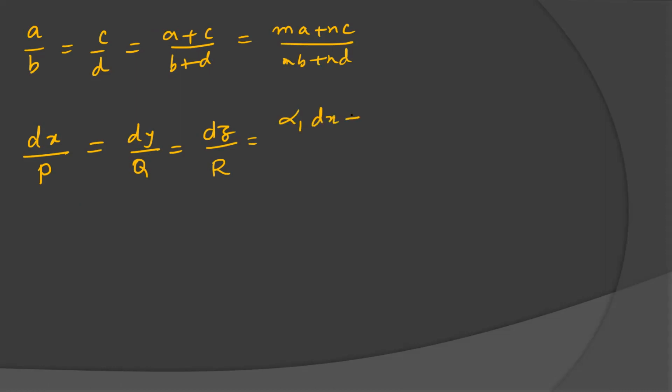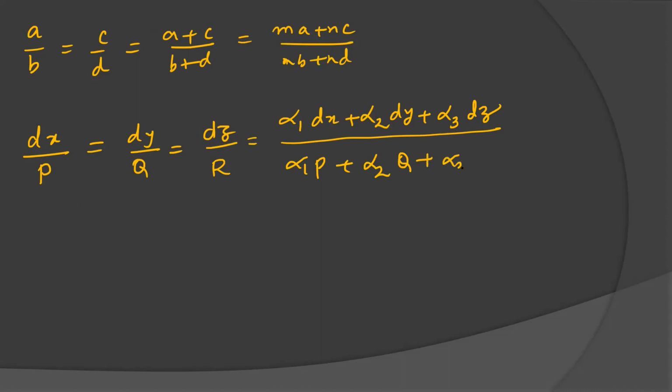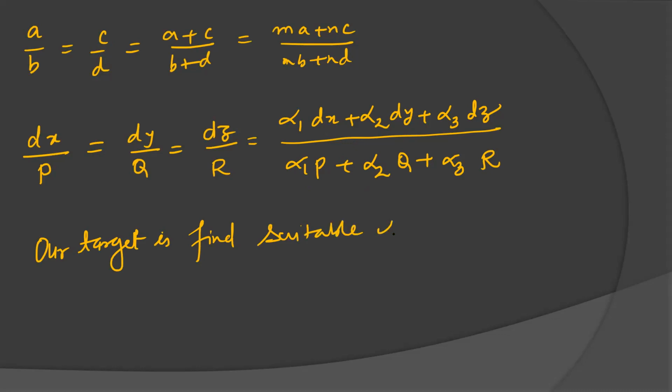Alpha 1 dx plus alpha 2 dy plus alpha 3 dz over alpha 1 P plus alpha 2 Q plus alpha 3 R. Our aim is to find suitable alpha 1, alpha 2, alpha 3.